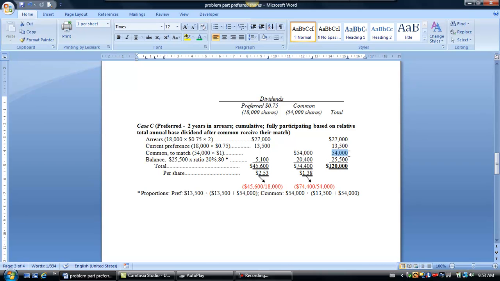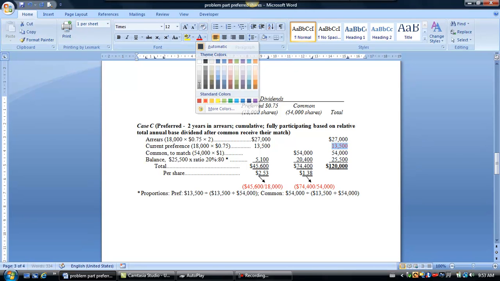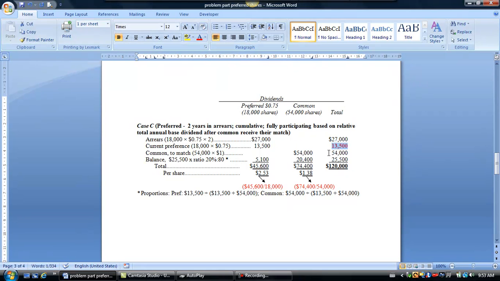So before we give the preferred shareholders anything over and above their annual entitlement for the year, we have to give these common shareholders their 54,000. So therefore, now we see that in the current year, we allocated how much? We allocated $13,500 so far in the current year to preferreds, and we allocated $54,000 so far, which is the match to common.